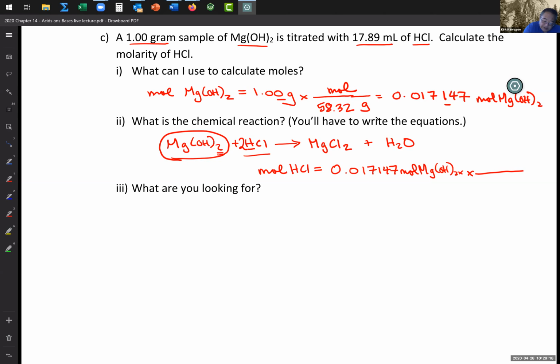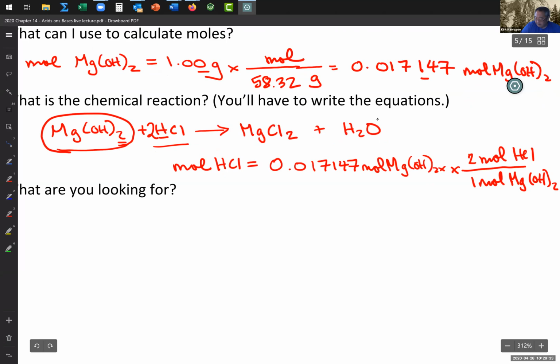Then it's going to be 2 moles of HCl for every 1 mole of Mg(OH)2. Okay, so I'll do that real quick. I'll just multiply by 2, and the units cancel out, and I end up with 0.03429 moles of HCl. Because the magnesium hydroxide is canceled out with that.